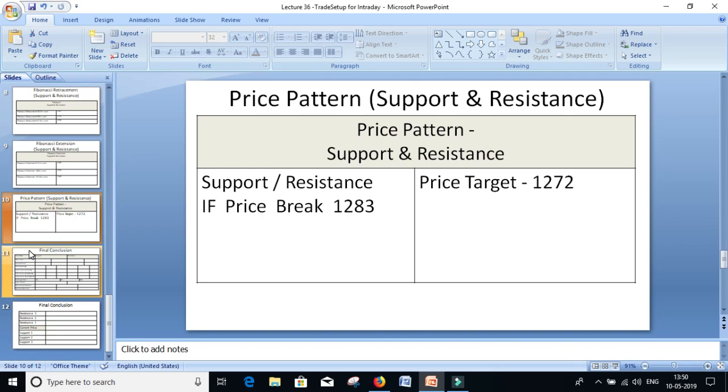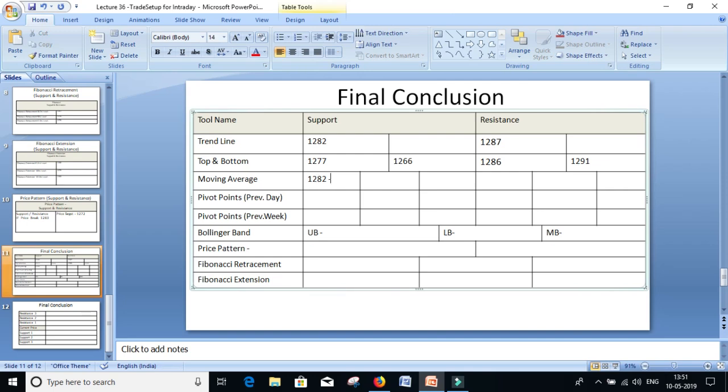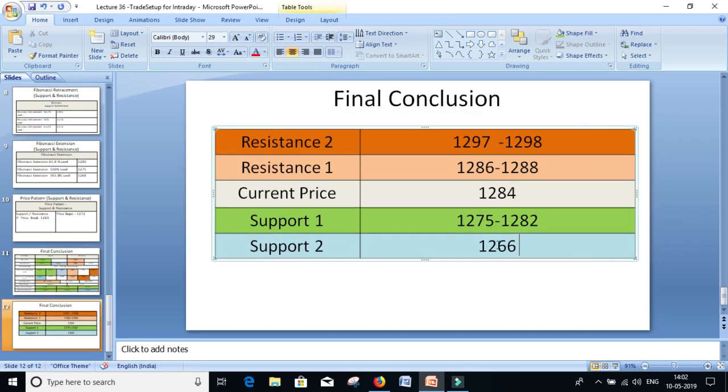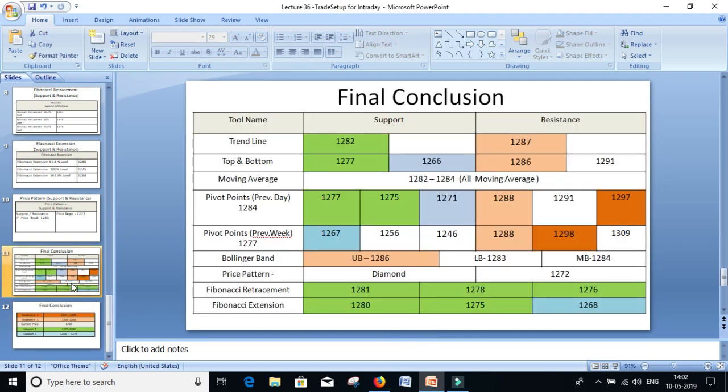Now we just draw a final conclusion. By writing down all the figures that we calculated in the previous slides, we put all the figures into the final conclusion, and we take the final conclusion.